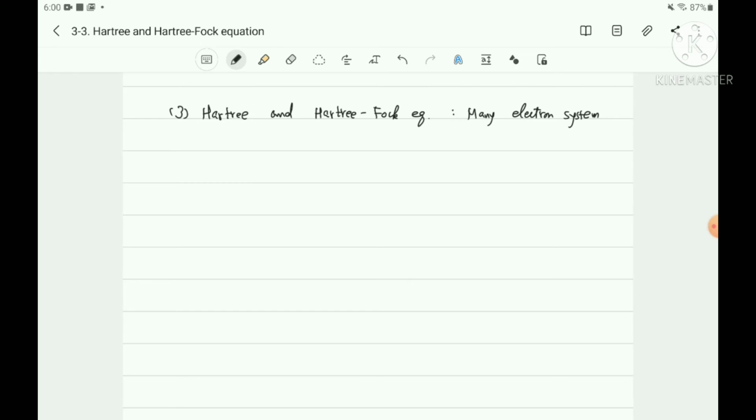Therefore, the simple problem is the Hartree equation, like this. As we discussed before, the Coulomb interaction is very important, because for electrons the Coulomb energy is an important interaction energy. Also, the Hartree equation does not consider the spin interaction.